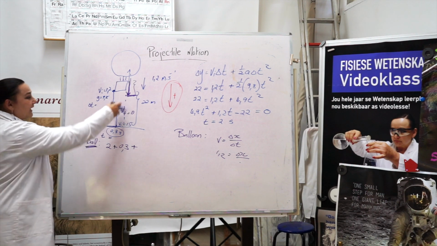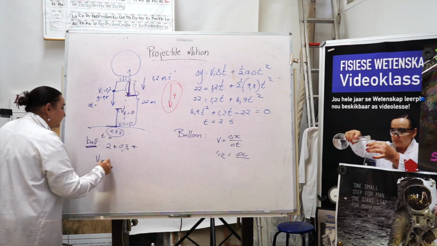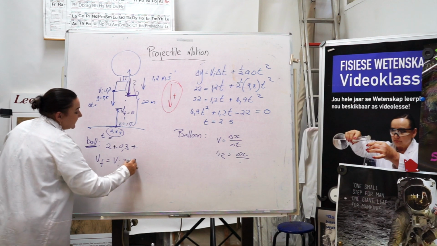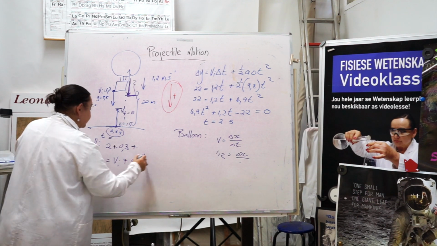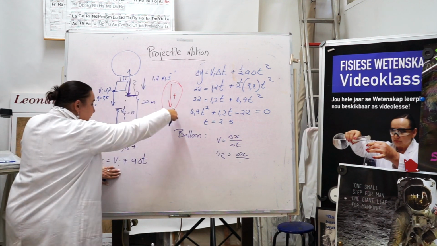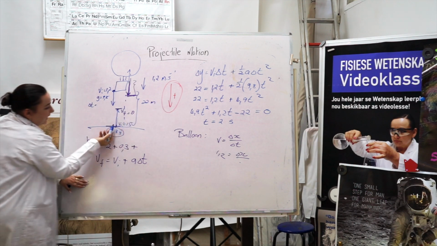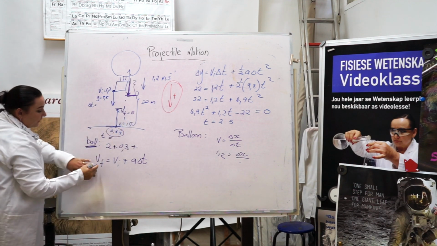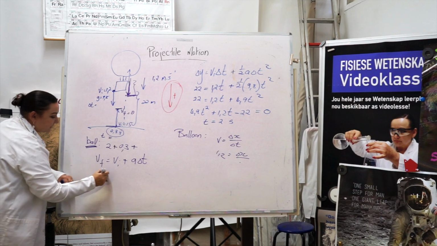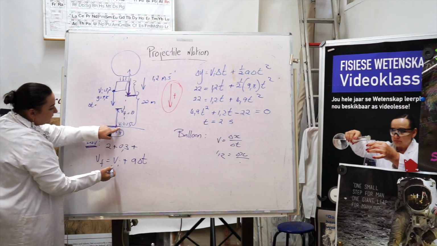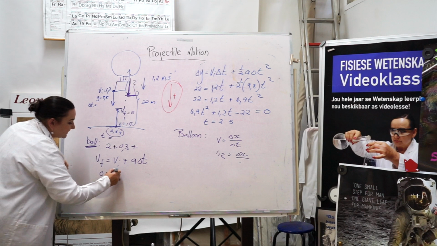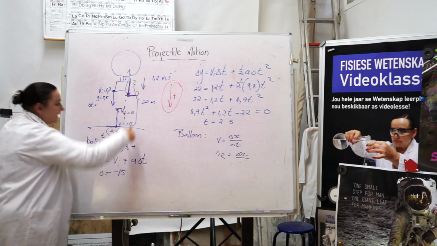So I do have V final equals V initial plus a delta t. Just remember, downwards is positive, and I'm now going in the opposite direction. Of course, my final velocity is 0, but my initial velocity in that direction is minus 15.